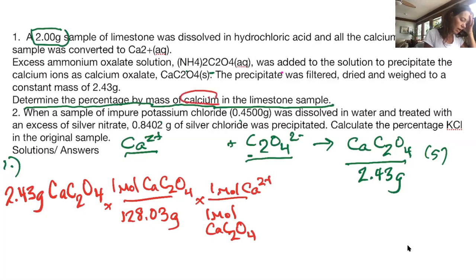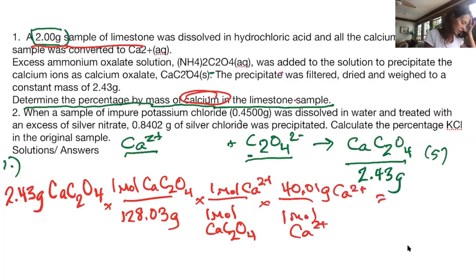Determine the percent of calcium in the limestone. So since it gave me a mass of limestone, let's turn the moles of calcium ions into grams of calcium ions. All right, let's do the math there. 2.43 times 40.01 divided by 128.03 equals 0.759.